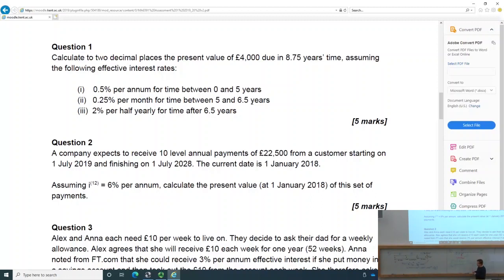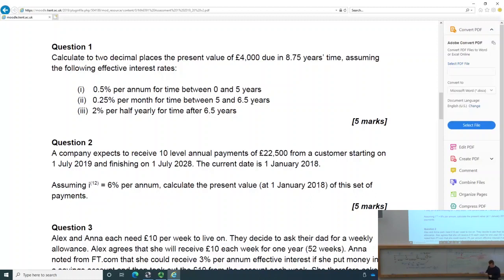So let's go and do our annuity. 22,500 multiplied by 1 minus 1.0616778 to the minus 10, over 0.0616778 over 1.0616778.